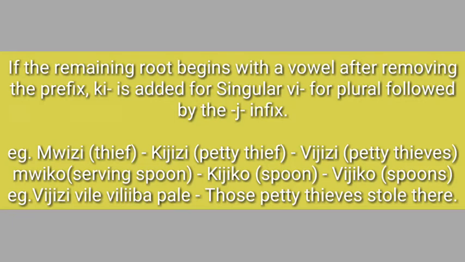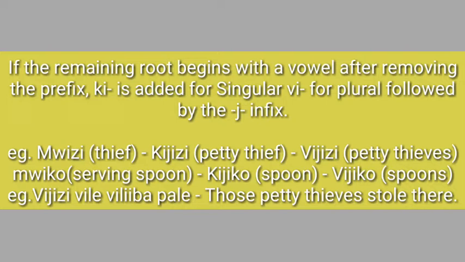Another one. If the remaining root, so this is still in the monosyllabic, if the remaining root begins with a vowel after removing the prefix, ki is added for singular, vi for plural, followed by the infix j. So here it's not g but j because the remaining part, the starting letter of the root is a vowel.